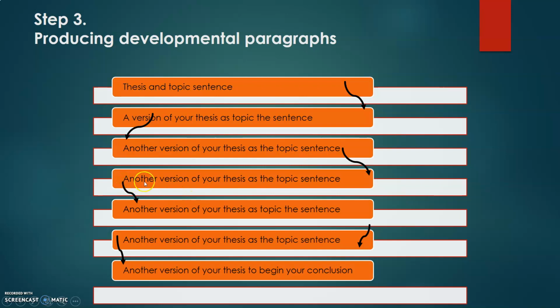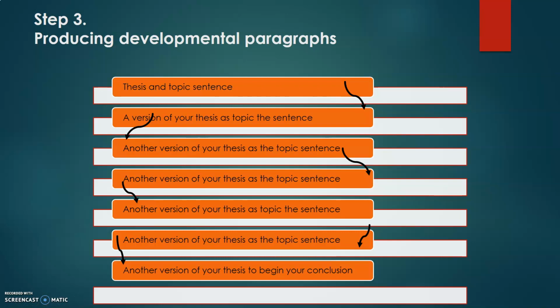Paragraph 4, another version of your thesis as the topic sentence. Paragraph 5, another version of your thesis as the topic sentence. Paragraph 6, another version of the thesis as a topic sentence. And finally, paragraph 7, another version of your thesis, and this will begin your conclusion.